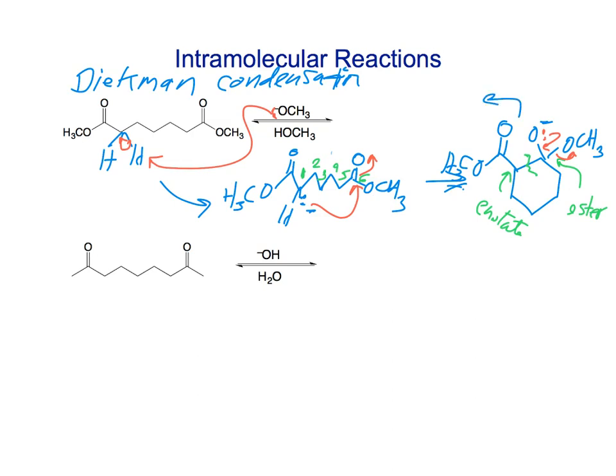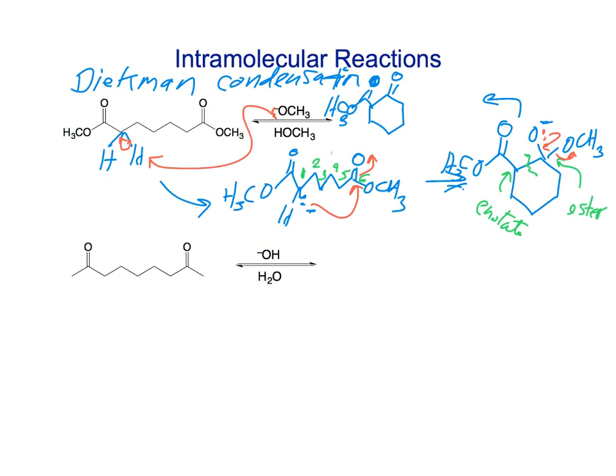Okay, so I'm going to go over here. And so we still have our ester group over here. And right here, we have a ketone. Okay, so there's our beta keto ester.